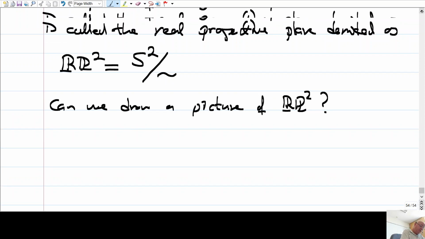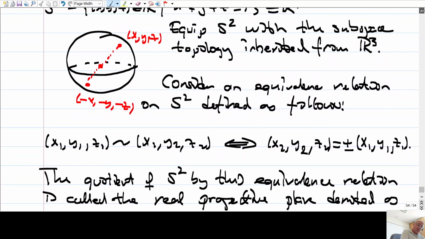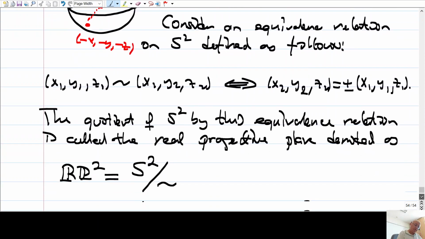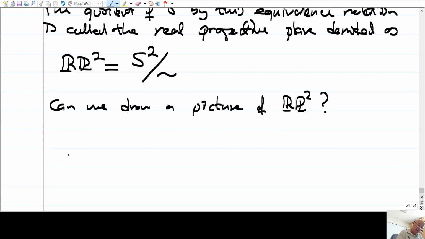In the sphere, right? Every point of the RP2 has 2 points, right? (x, y, z) and (minus x, minus y, minus z) represent the same point on RP2. So this is not a picture of RP2. To get a picture of RP2, I have to delete half of the sphere, right? So I have to do this.